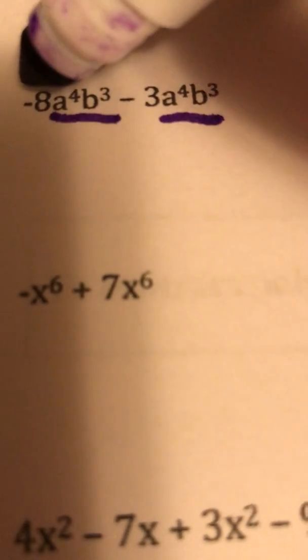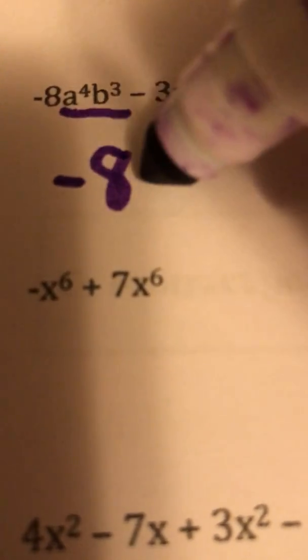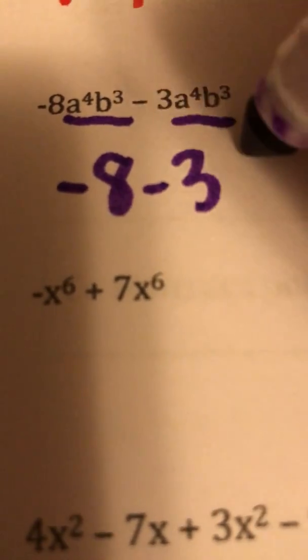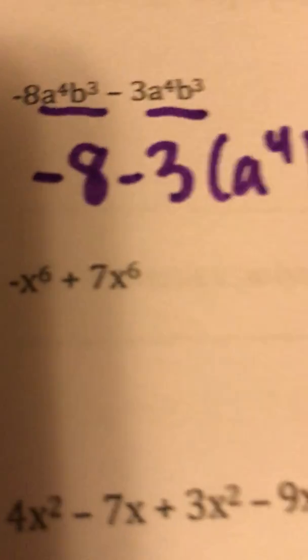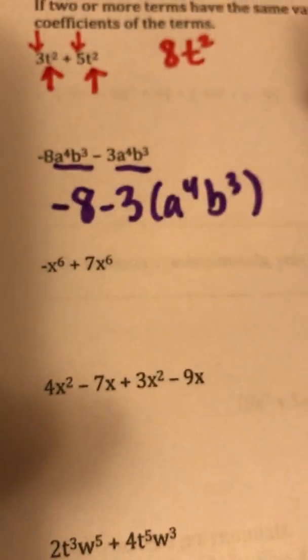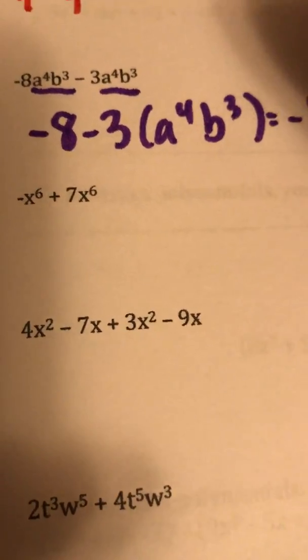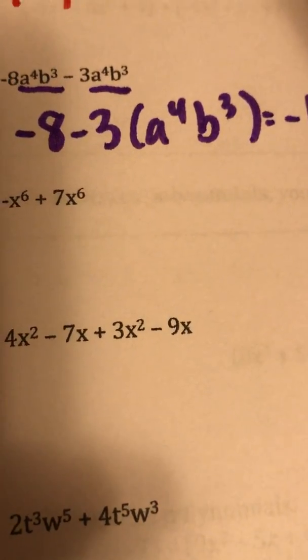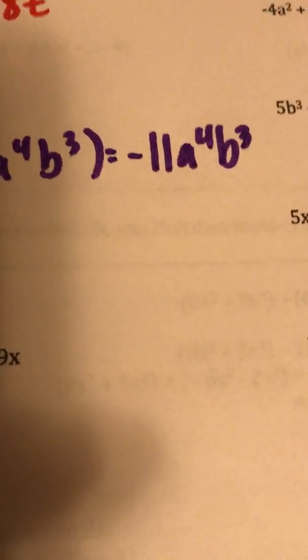So if we have negative 8 minus 3, and these both are a to the fourth b to the third, right? Then we can combine these and we can say negative 8 minus 3 is negative 11 a to the fourth b to the third. Oh, just like that. Okay.